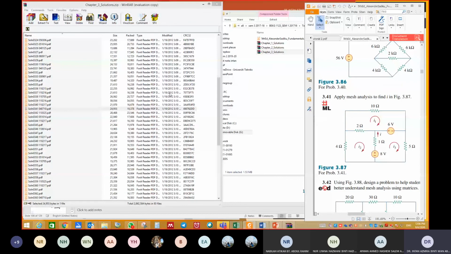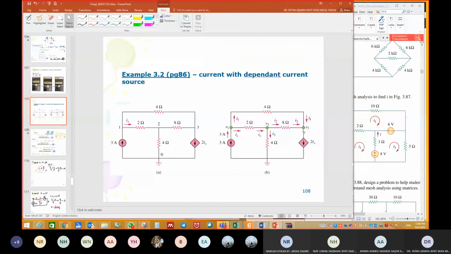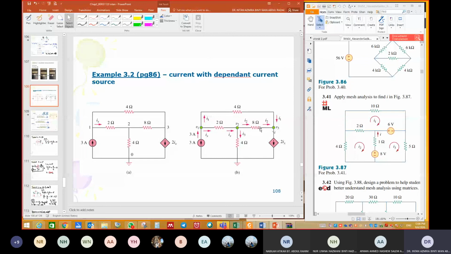Number 3.41. Try it now, class. Apply mesh.